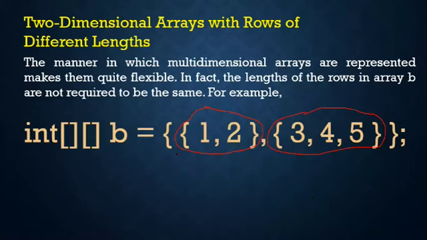So for this example, the dimension of our array is 2 by 3: 2 rows and 3 columns.